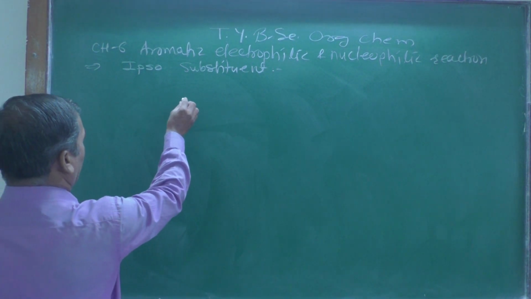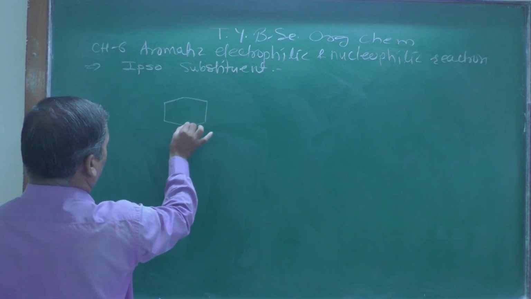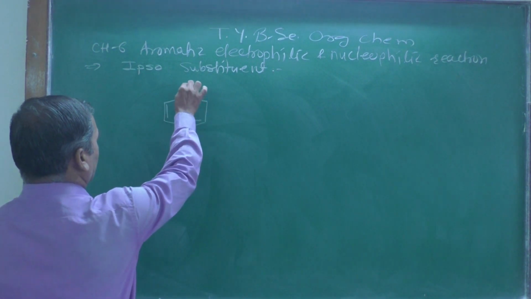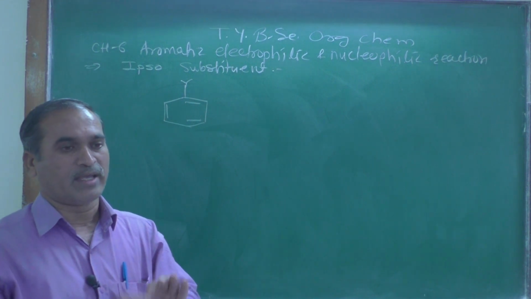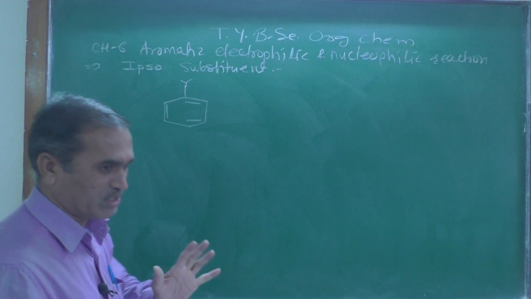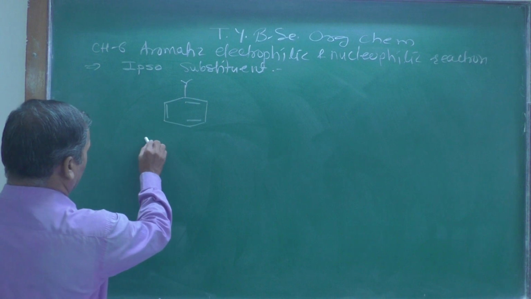I am trying to explain the ipso concept here. As we know, this is a benzene ring and that benzene gets substituted by a substituent. Suppose this is a substituent, we don't know the nature of that substituent, but a monosubstituted benzene is there.